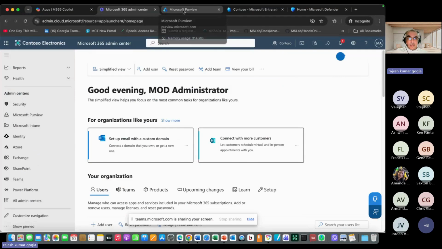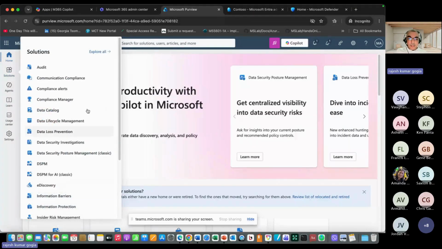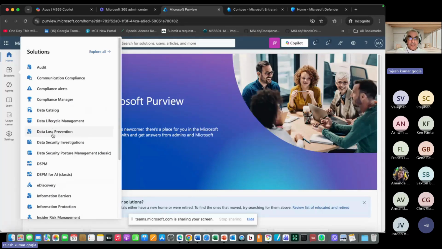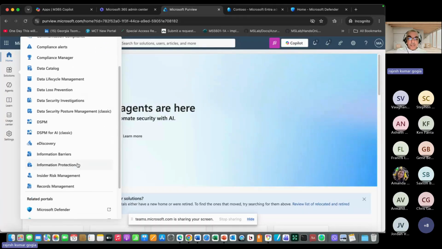So if you look up here, this is Microsoft Purview. From the solutions, we have DLP, data loss prevention, and we have Compliance Manager. We have Communication Compliance. And we also have Information Protection itself.